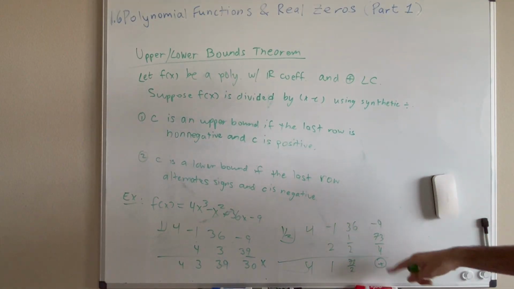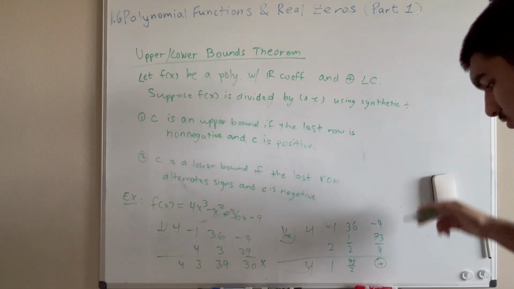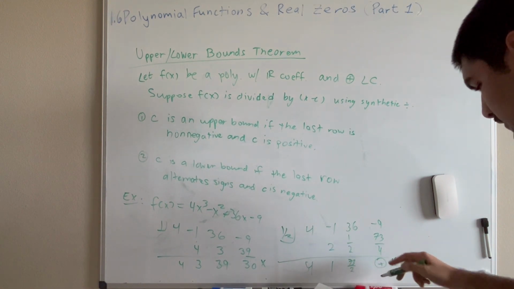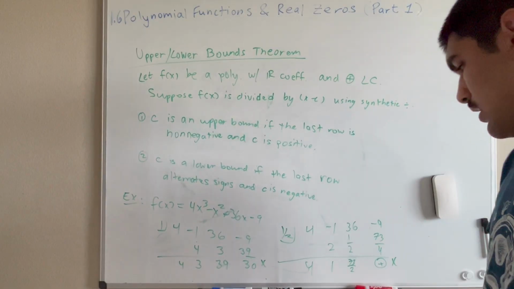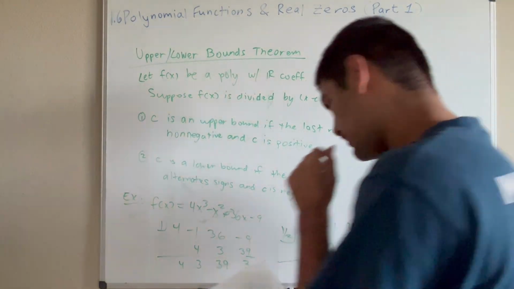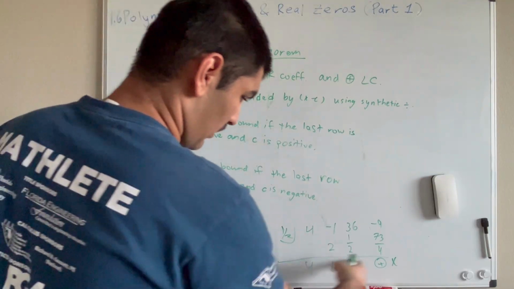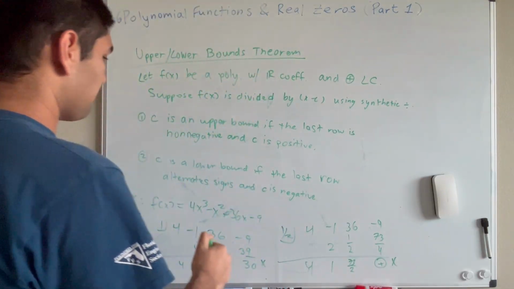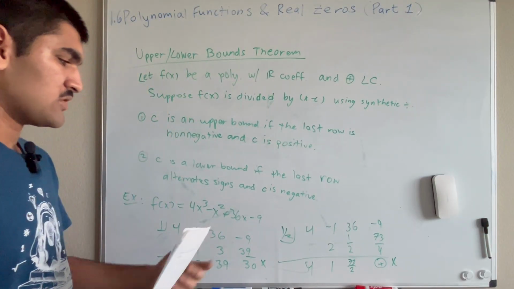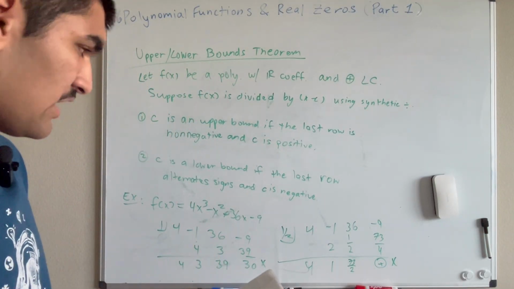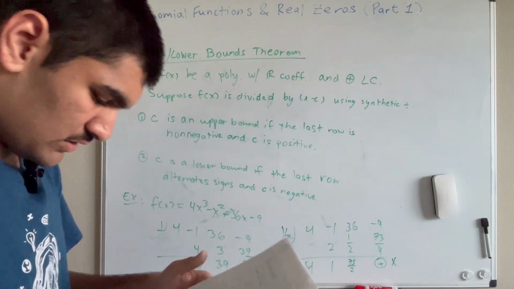Because 73 over 4 minus 36 over 4 is something positive. But that's all the information we need, right? So it's definitely not 0, meaning that 1/2 doesn't work. But 1/2 is positive, so our c is positive. Our bottom row are all positive, and so that means that 1/2 is also an upper bound. So now all of our zeros that we should test should be less than 1/2. So the 0 for f of x is less than 1/2.